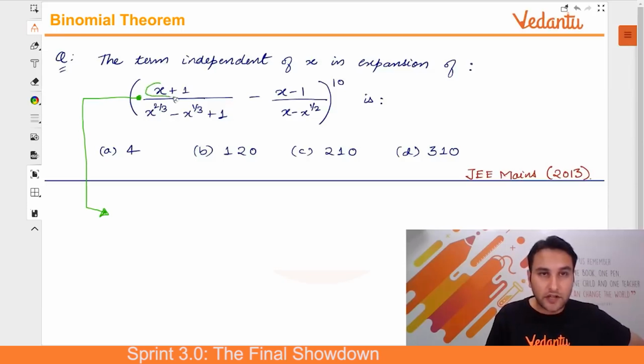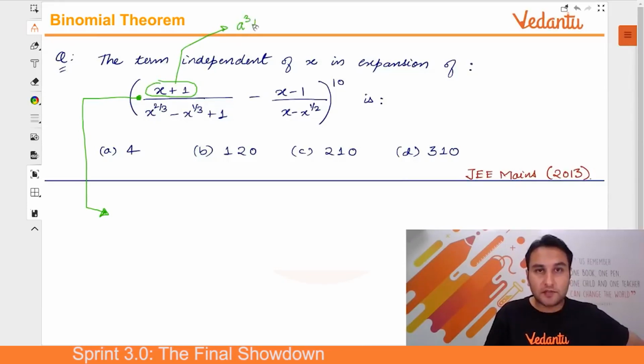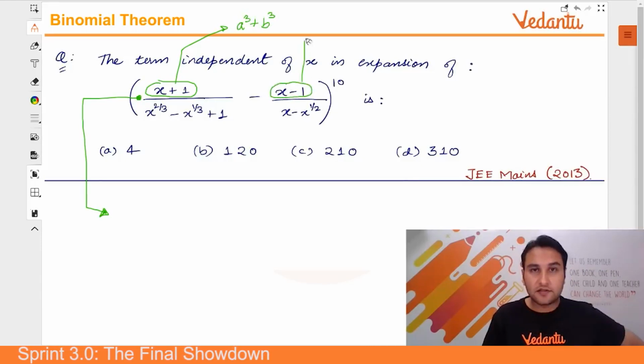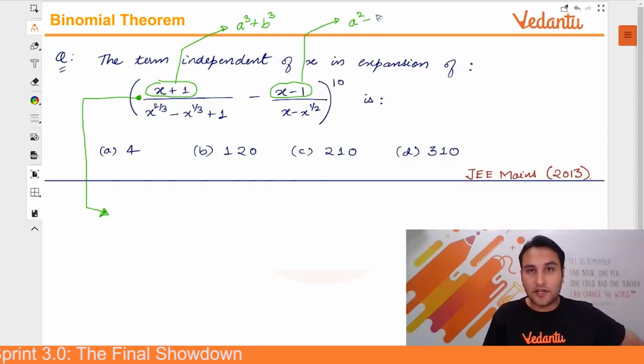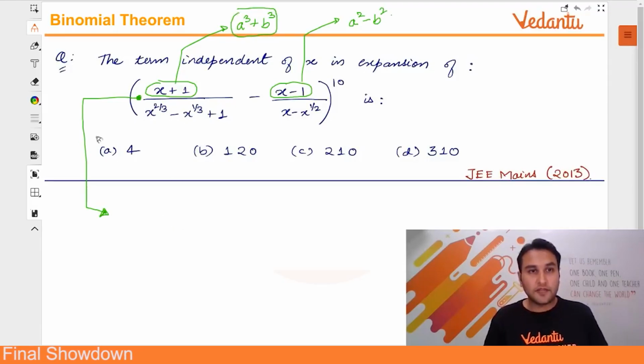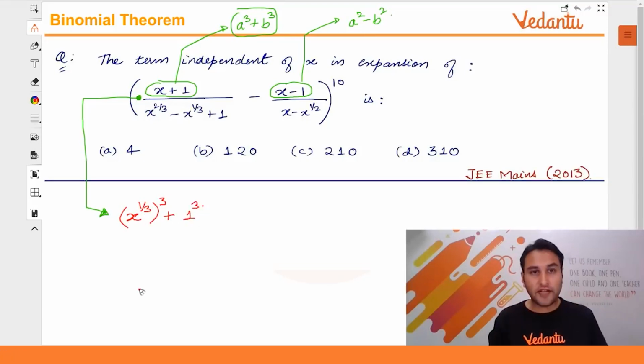If you look at this very carefully, can you think of it as a cube plus b cube? And can you think of it as, say, a square minus b square? See carefully, because what you see below appears in the expansion of this in its formula. अगर ध्यान से देखो मैं क्या बोल रहा हूं, मैं बोल रहा हूं x plus 1 को देखो, look at x plus 1, you will see it appears like, can you think of it like this?